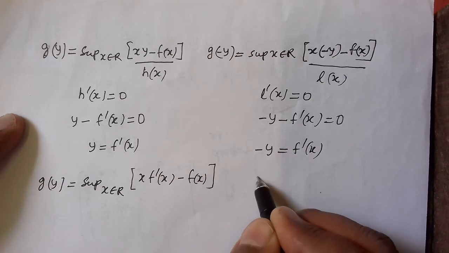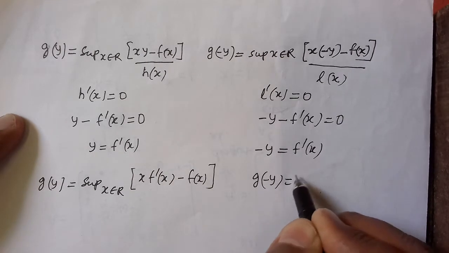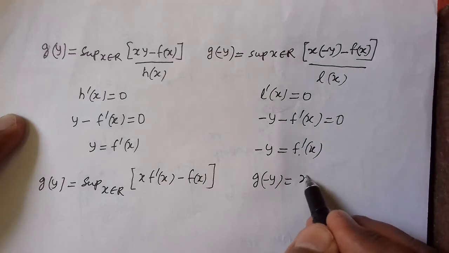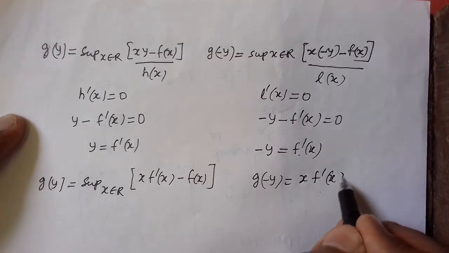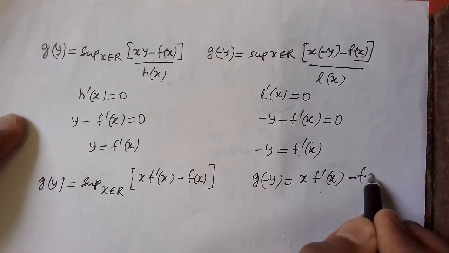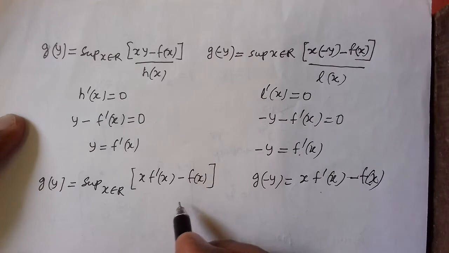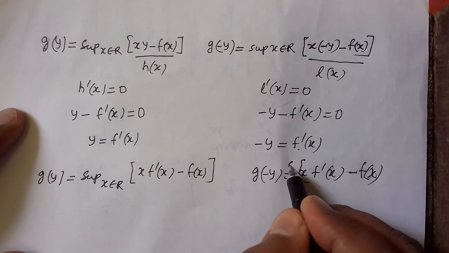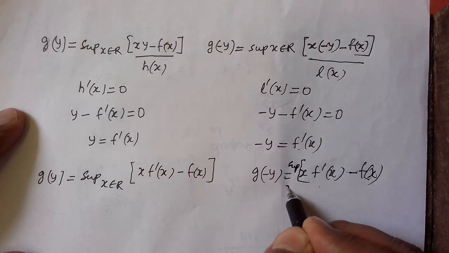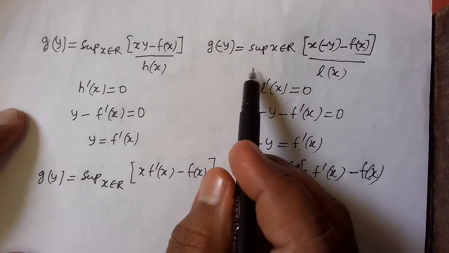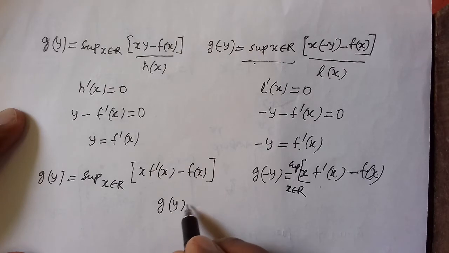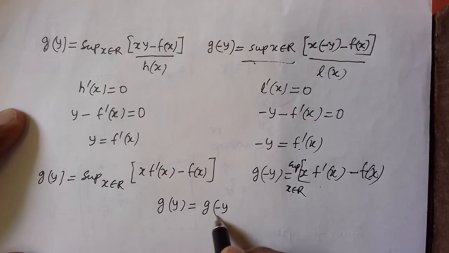And here, if you put minus y at the place of y, you will get the same thing, x f'(x) minus f(x), sup over x belongs to R. So you see that g(y) equals g(-y).